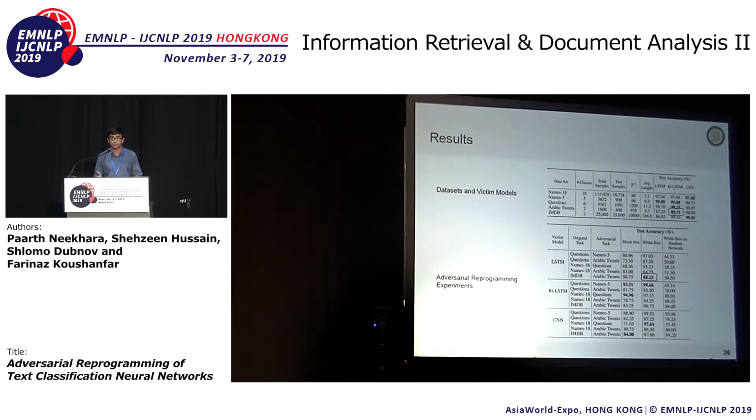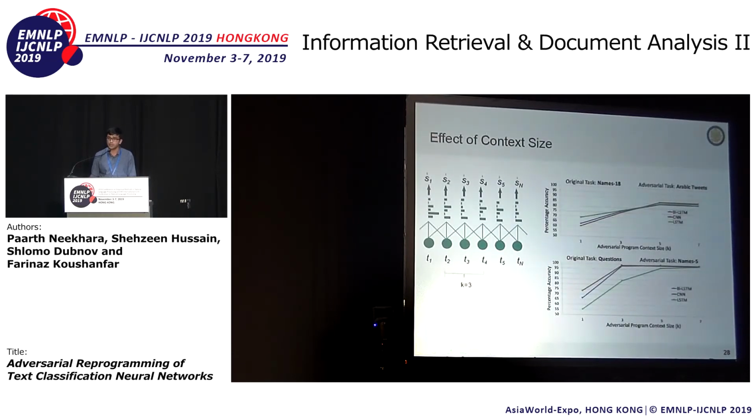So you can see in the white box setting, we are able to achieve accuracies which are very close to what you would get if you train a model from scratch. And very interestingly, what we observed is that if we are doing this white box attack on a random network, which was untrained, the accuracies we get are a lot worse than the accuracies we get on attacking a trained model.